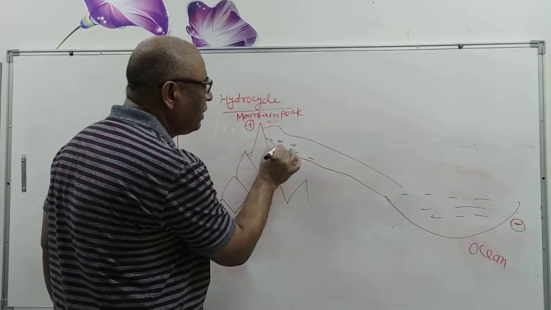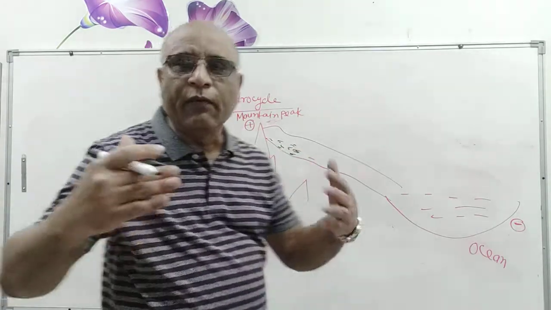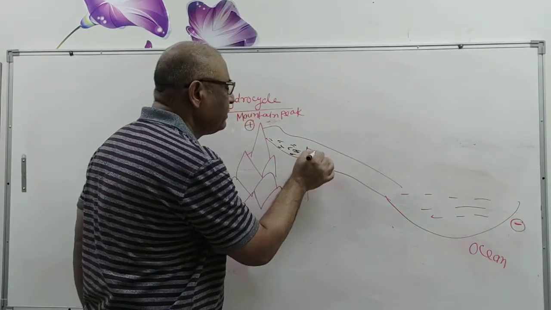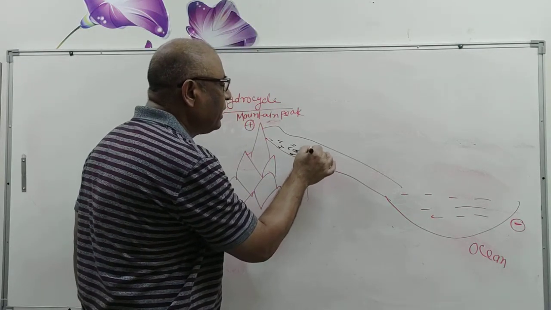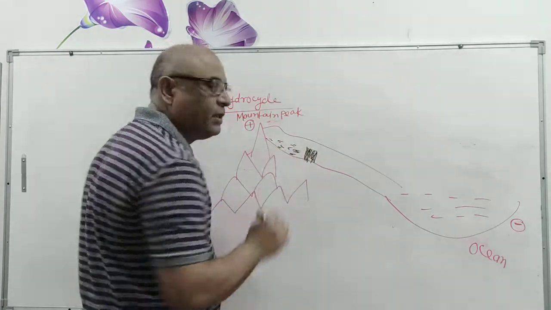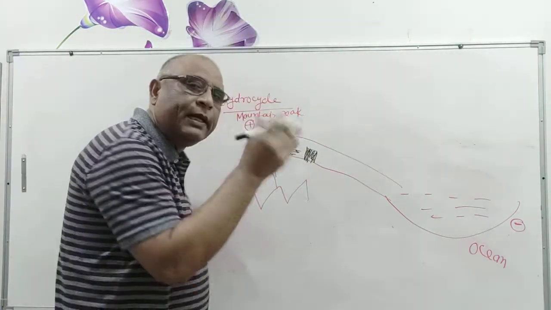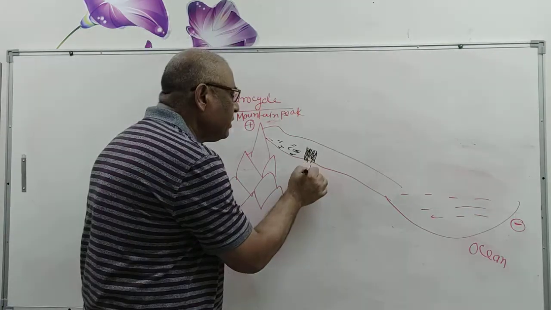You know that in the way big boulders come, here a big boulder, a stone, rocks. What happens? Water doesn't stop, but a hindrance is created by this rock.